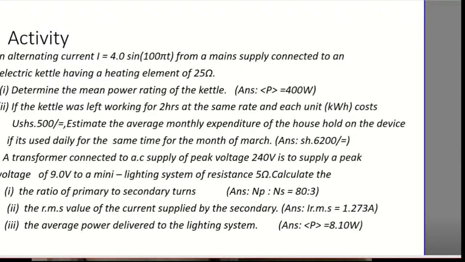We'll be continuing with how to determine alternating current. Those instruments that are used to measure alternating current, we usually call them square law instruments. Why? It is because alternating current varies many times per second.